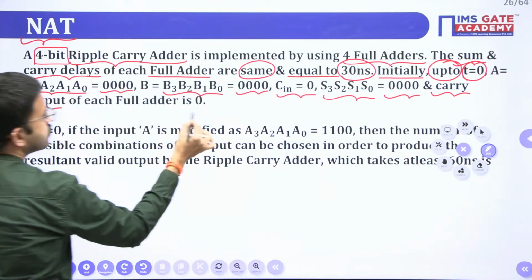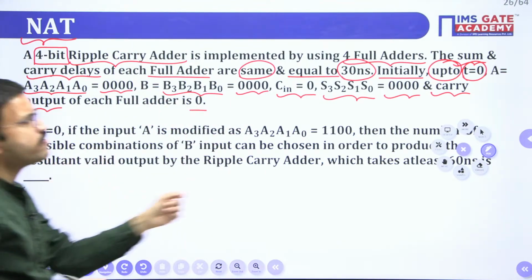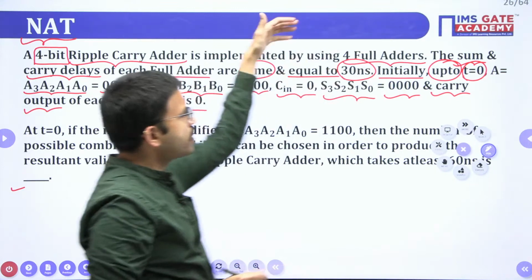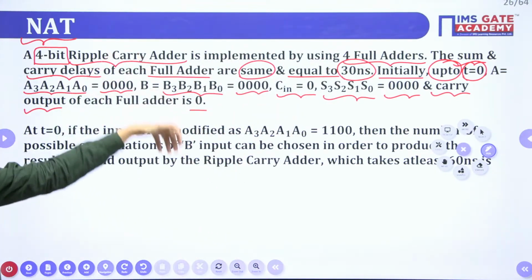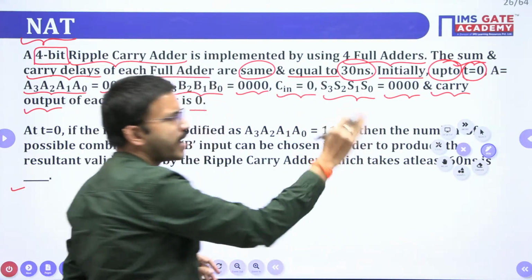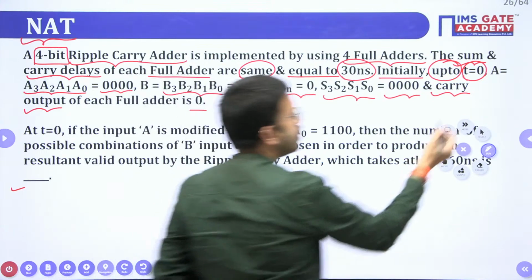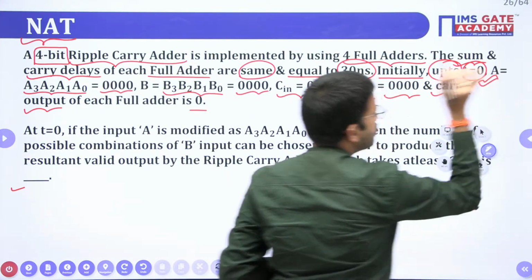So for the overall 4-bit binary adder, you are having 4 full adders inside. For all of them, all the A inputs and all the B inputs are 0, and all the sum outputs and carry outputs are zeros, up to the t equal 0 instant.